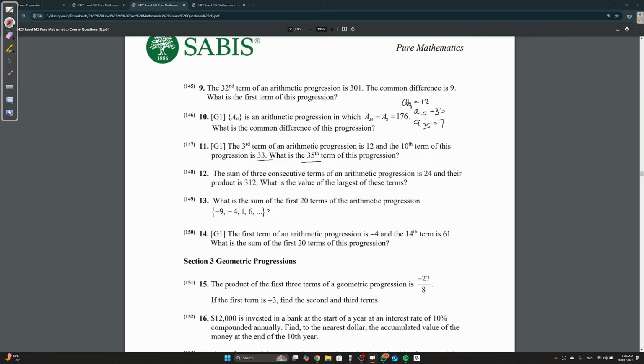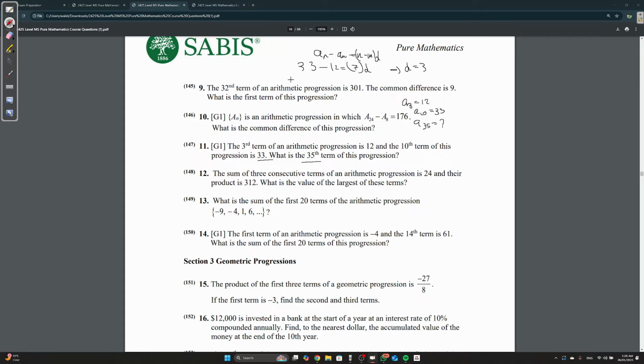I'm going to do a10 minus a3, using a_n minus a_m equals (n minus m) d. So 33 minus 12 is equal to (10 minus 3) d. So you're going to get d is equal to 3.